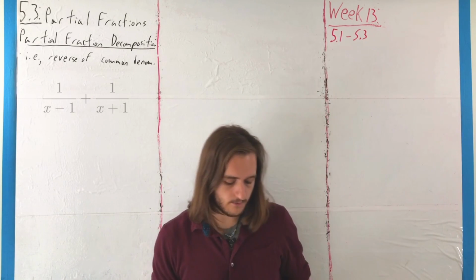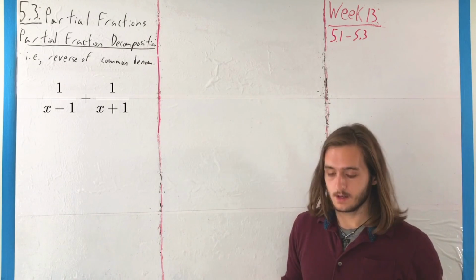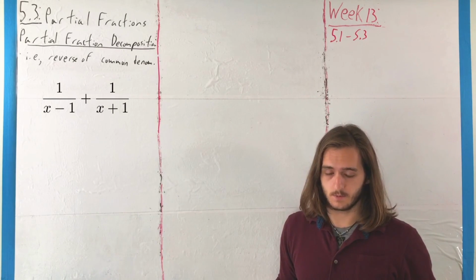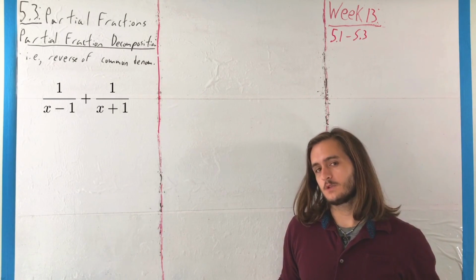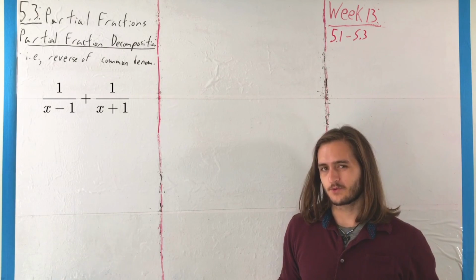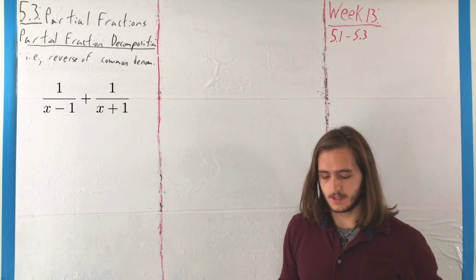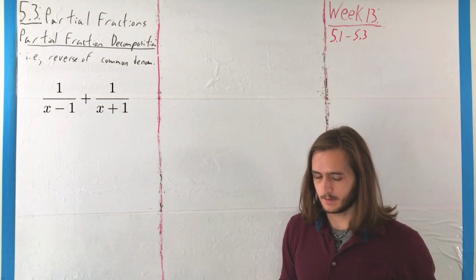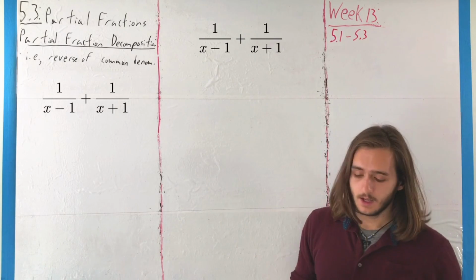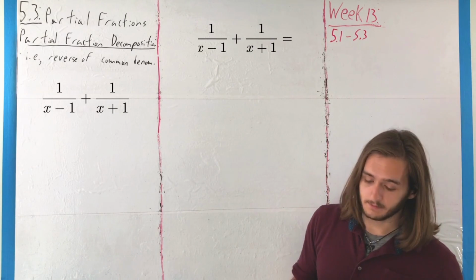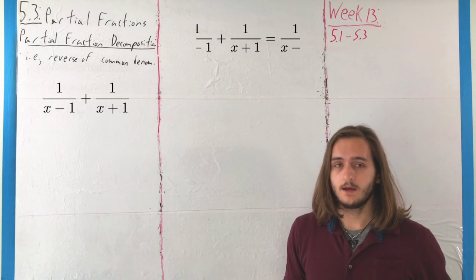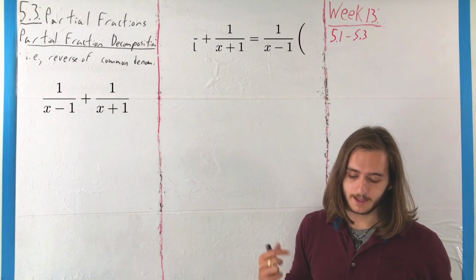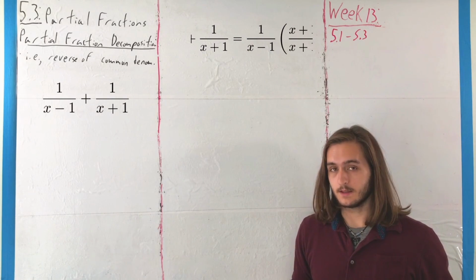Let's say we have 1 over x minus 1 plus 1 over x plus 1. And if we want to pull these two terms together to be able to write it in terms of one piece there, we need a common denominator. That is, we have to take that and multiply the top and bottom of the first term by x plus 1 in order to match up with the x plus 1 in the second term.